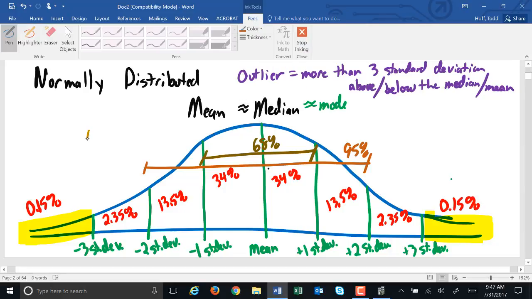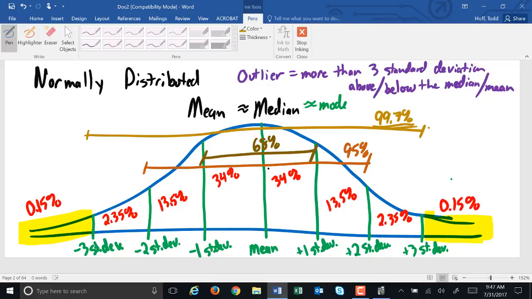And within 3 standard deviations of the mean is 99.7%. 99.7 is 997 out of 1,000. That means only about 3 out of every 1,000 data points will be more than 3 standard deviations away from the mean. That's why we call them outliers. 3 out of 1,000 is pretty unusual.